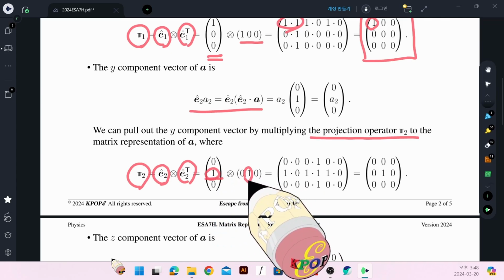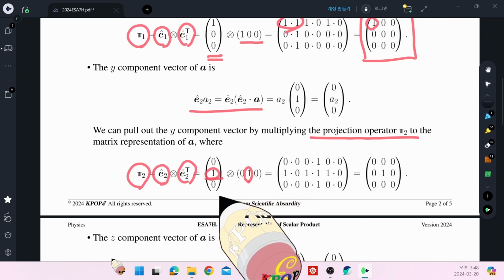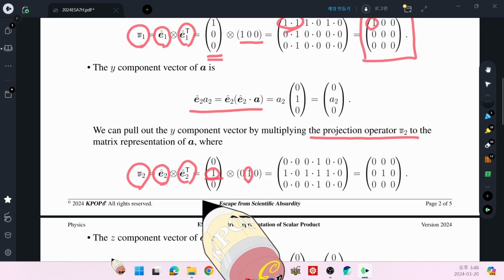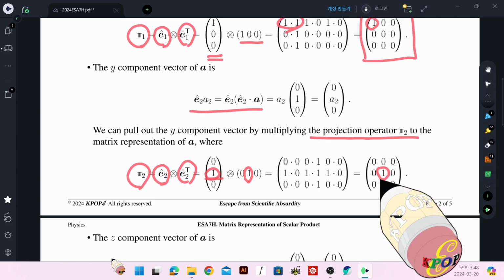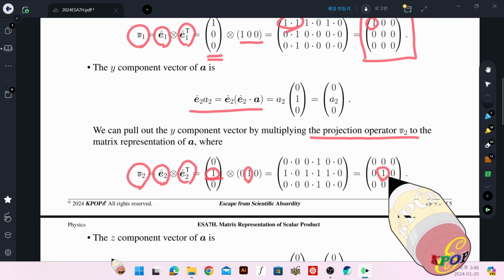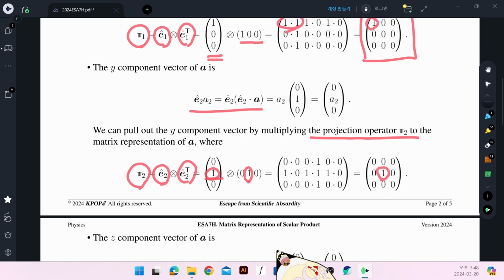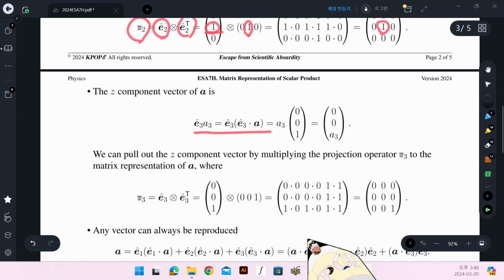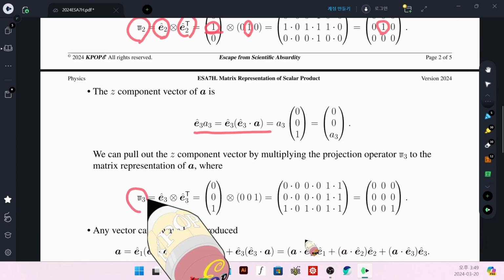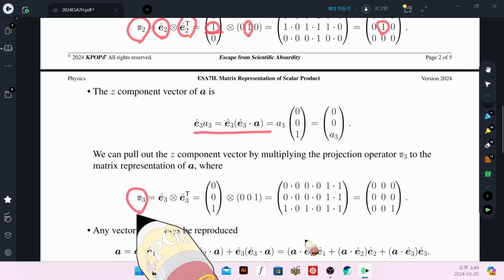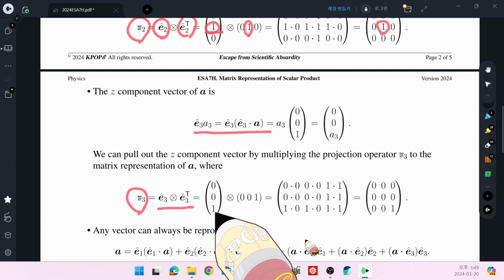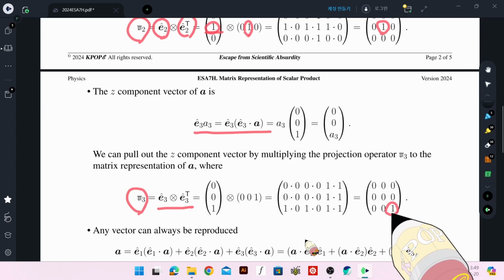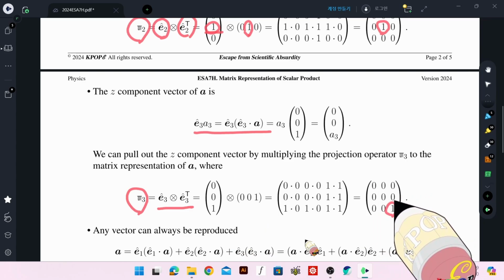Other than that, everything else has a factor of 0. As a result, the only non-zero element is the 2,2 element. Exactly the same way is applied to find the projection operator for the z-axis, which has a non-vanishing element in the 3,3 element, except that everything else is 0.